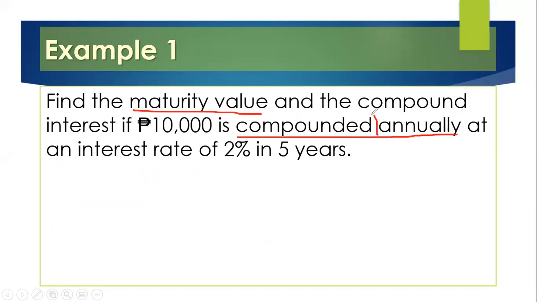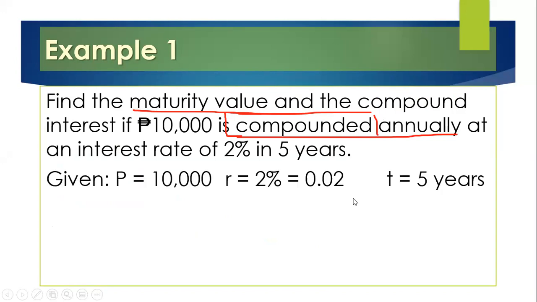Okay? Pag nakita tayo ng compounded, ang gamitin natin is yung may exponent. Now, for our given, P is equal to 10,000 pesos. R is equal to 2% ang given, which is 0.02 in decimal. T is equal to 5 years or simply 5.